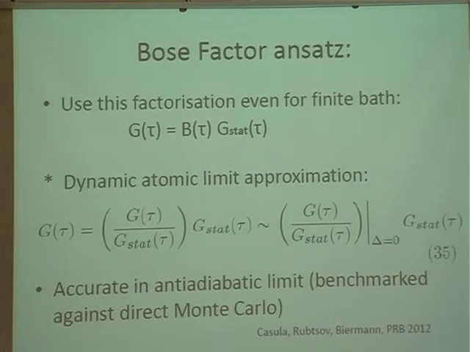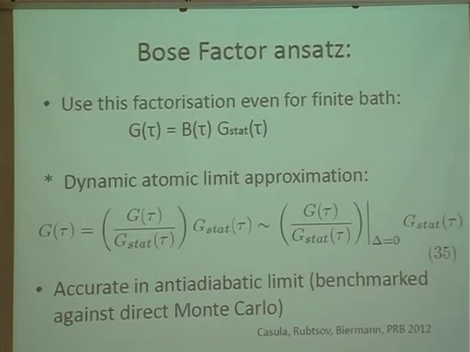And then you can ask, where do you get this factor from? In principle, this is a general ansatz just to factorize things like this. But you can ask, what happens if you just take this from the atomic limit? If you take this from the atomic limit, then this thing looks like this, and this is what we call the dynamic atomic limit approximation, or DALA, nice name.